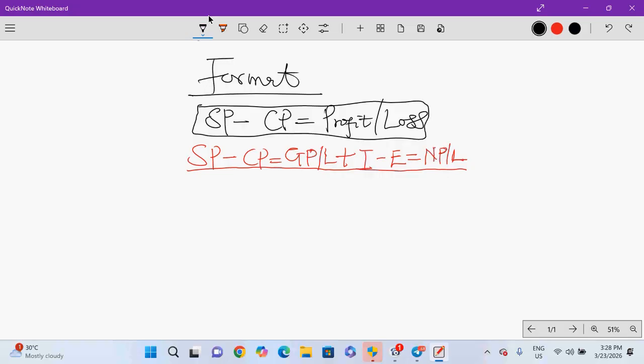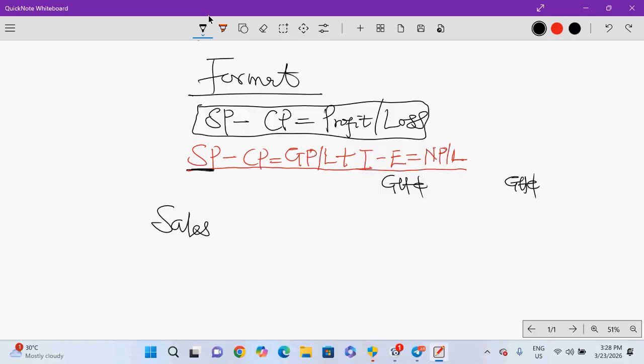So I would start with my selling price. So that is the format. So sales. So I have my Ghanaian cedis. So sales, that is the first item.